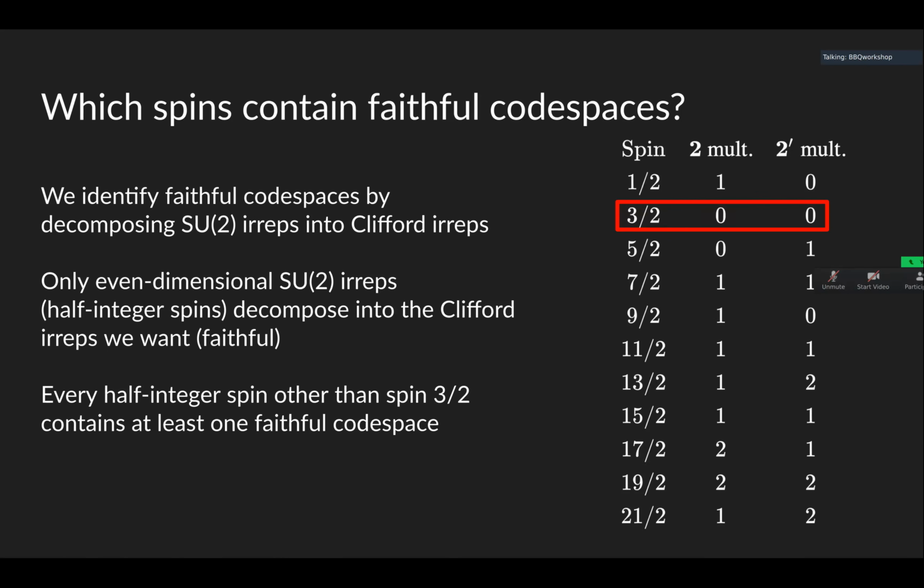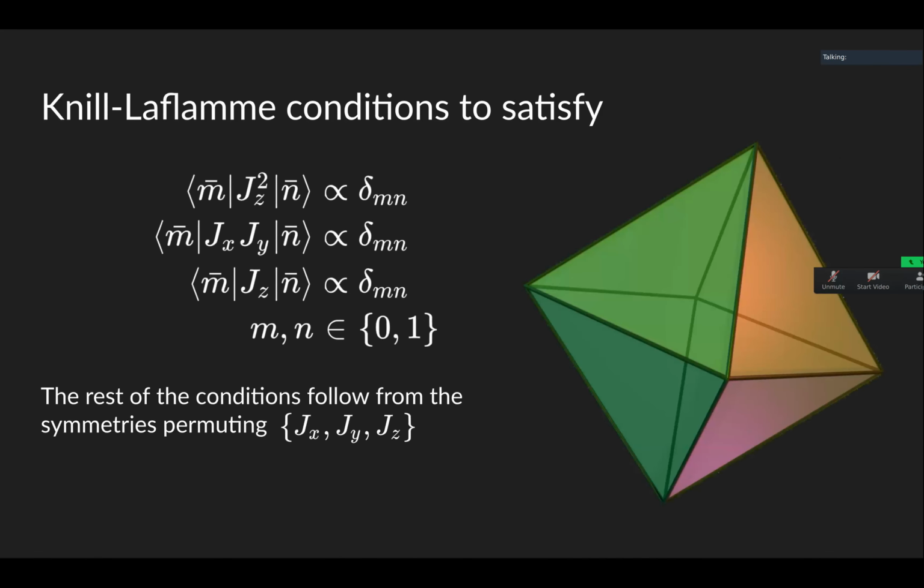The next question is, when can we actually correct errors, which is ostensibly why we're going through this whole exercise in the first place. And to do that, the typical thing to do is check your Knill-Laflamme conditions. There's a bunch because I have 4 different error operators, but thankfully, they're already built into my code spaces. You can condense them all down into these 3 conditions.